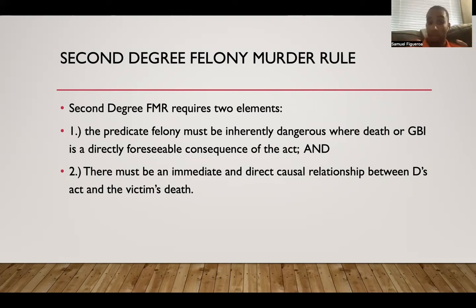And this is the second element, the last element that must be proven, is that there must be an immediate and direct causal relationship between the defendant's act, Nicole's act, and the victim's death, the security guard. So it's very clear that there was an immediate and direct causal relationship between Nicole's act of robbing the Mall of America and the guard's death, because she was committing the robbery.